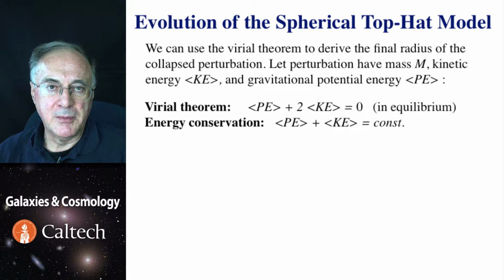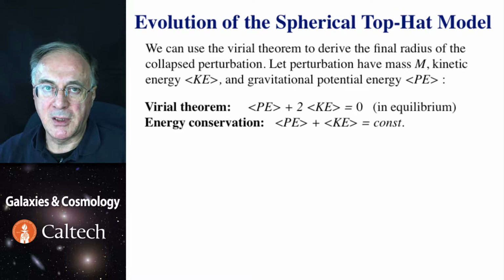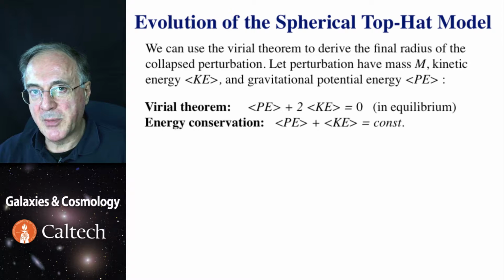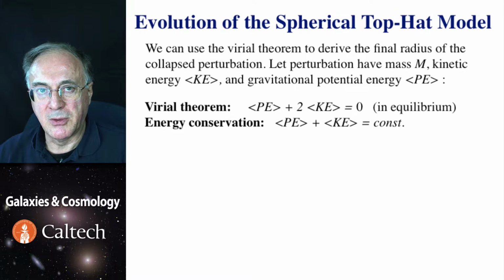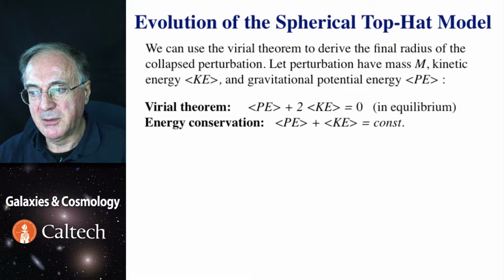But qualitatively, the density contrast, which is the difference between that line and the background line, grows as the universe expands. There is a turnover radius at the turnover time, and then there is a collapse that takes about the same amount of time as it took to get to the turnaround time, and the system ends up at some finite radius of the equilibrium state.